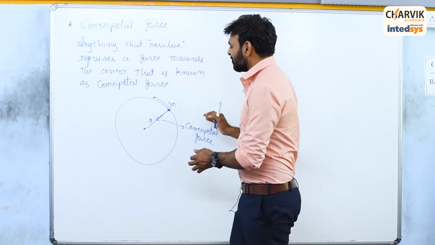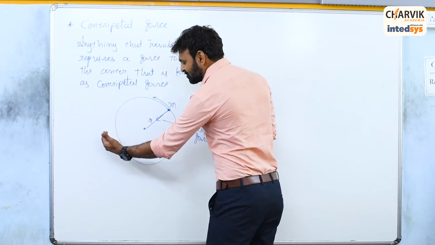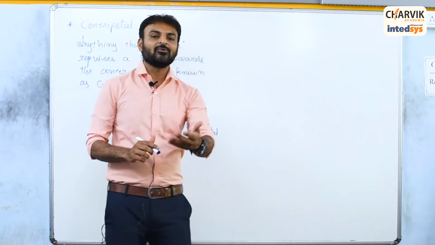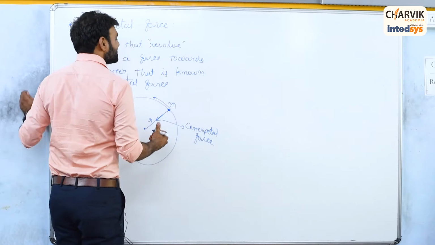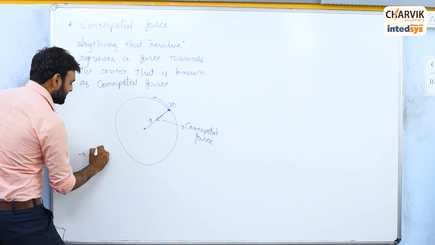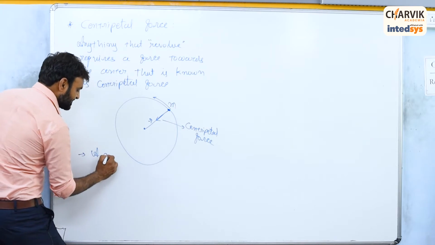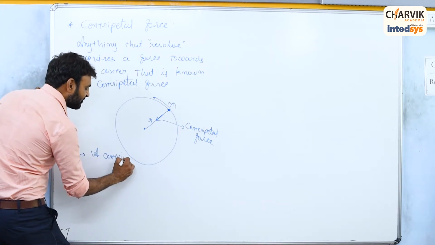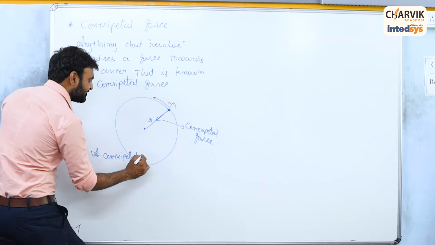Actually, centripetal force binds the particle towards the center and allows it to revolve over the circle. The most important factor is a force, the centripetal force. Listen to me carefully, we are discussing the centripetal force.